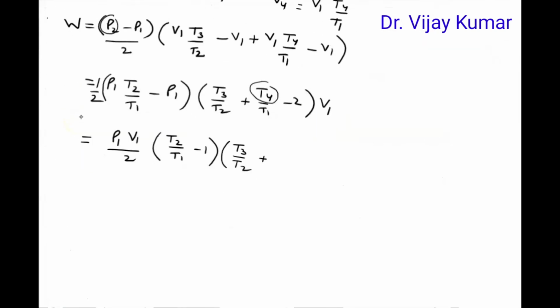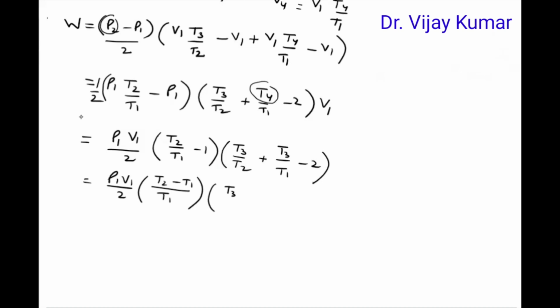So this becomes T3 upon T1 minus 2, and now for P1 V1 upon 2 we can take the LCM: T1, so the first bracket becomes T2 minus T1, and the second is T3 upon T2 plus T3 upon T1 minus 2.